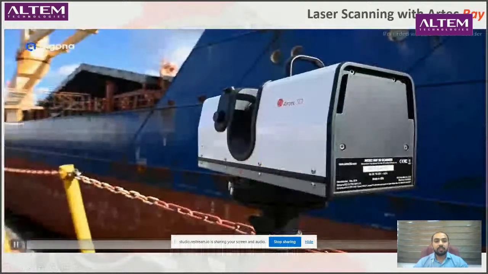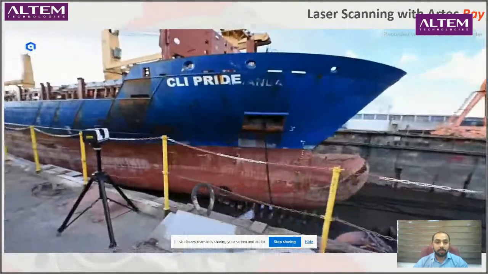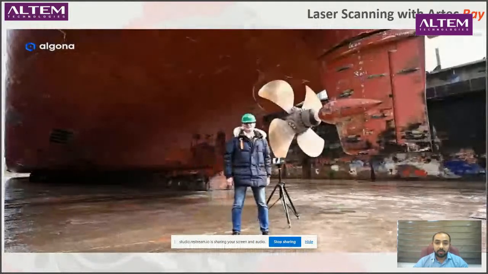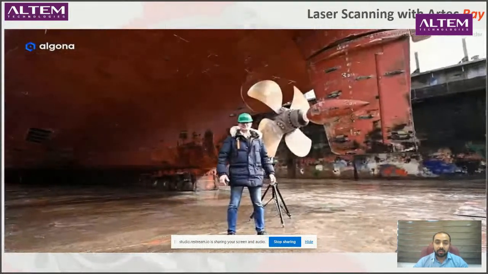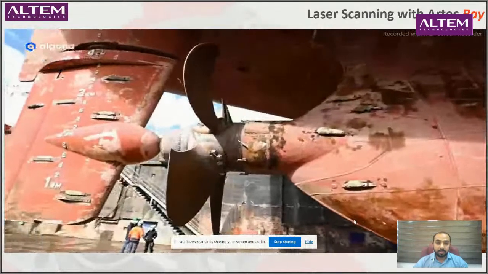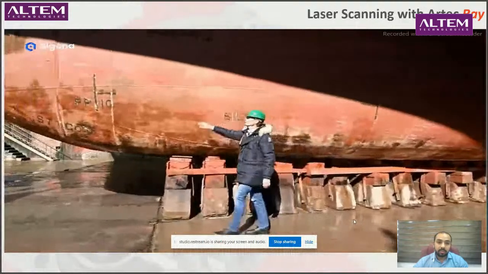In a single scan setup, such a large ship cannot be captured, so multiple setups are required. As you can see, the conditions are tough, such a humid environment, and our products are suitable for such environments.